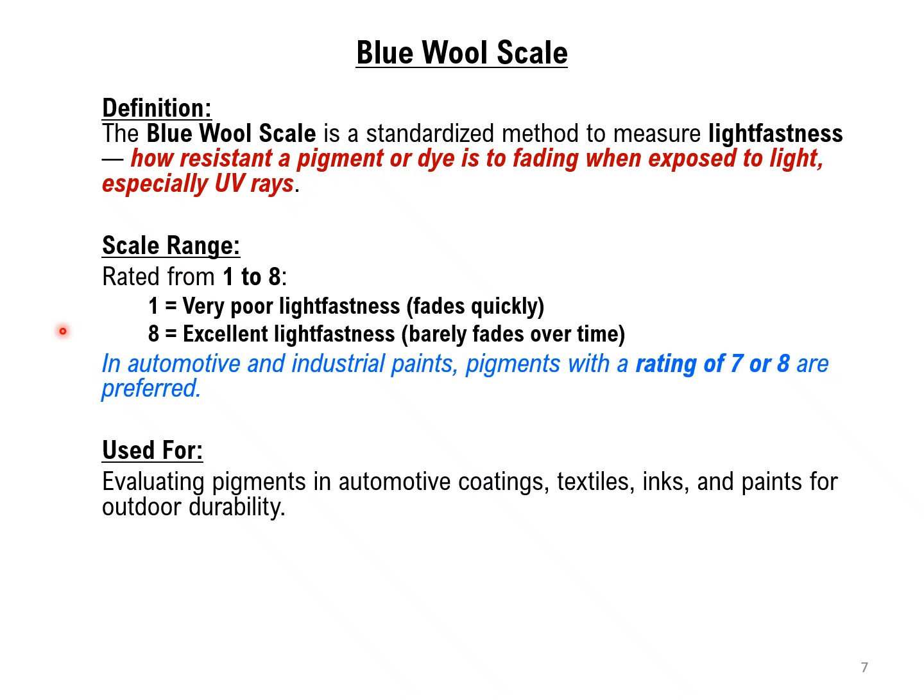In automotive or industrial paints, pigments with a rating of 7 or 8 are preferred and therefore recommended. Blue wool scale is used for evaluating pigments in automotive coatings, textiles, inks, and paints for outdoor quality.